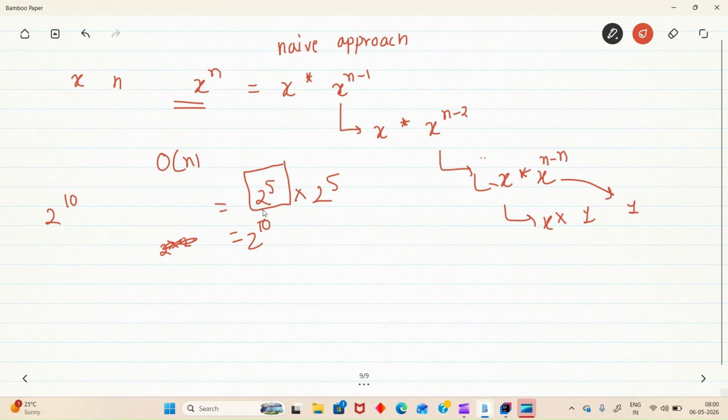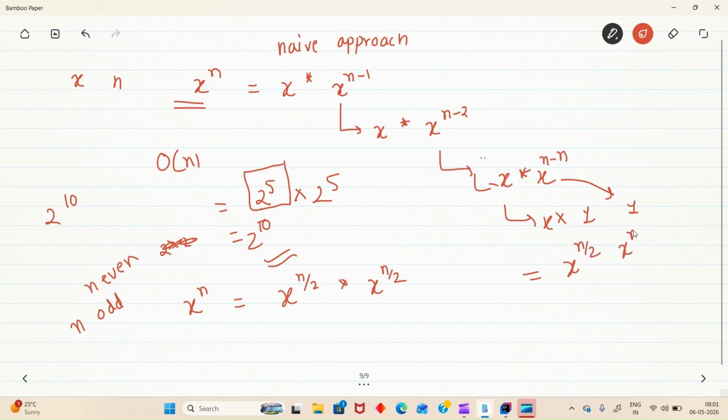So how can we modify this? Instead of x into x of n minus 1, x of n is equal to x of n by 2 into x of n by 2. Now, if my n is even, this works. But if my n is odd, we have to do x of n by 2 into x of n by 2 into x.